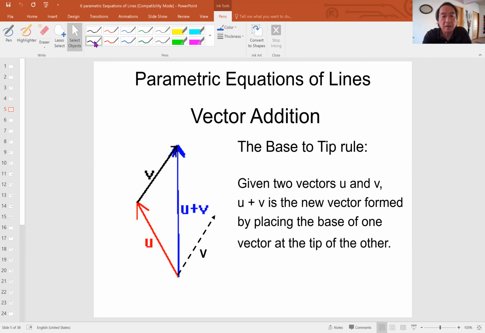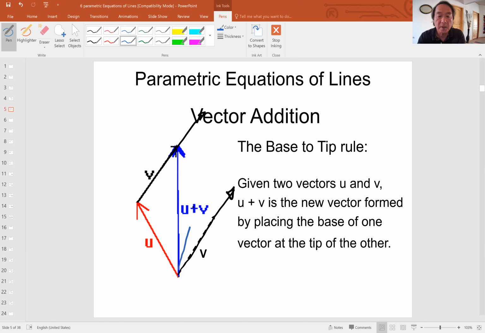Notice in this particular way of doing things, if I change v by its length, maybe stretch it, and do the same thing, the end result will be another vector that sits on the same line, based at the tip of u.